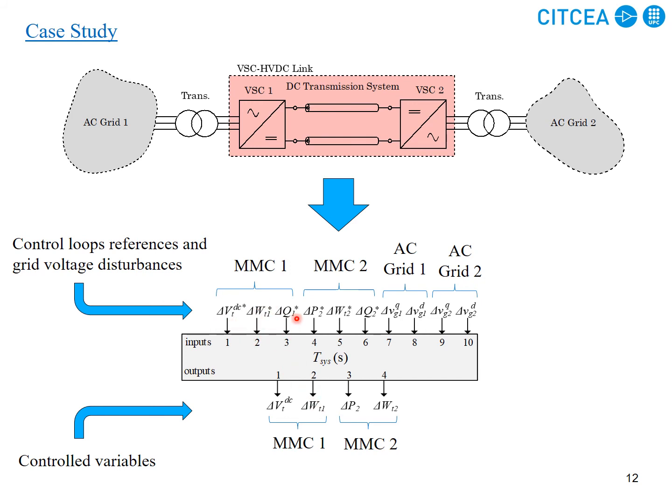Here again is the reactive power, this is the DC voltage, the total stored energy of this MMC. This is the reactive power, but in our model we didn't include any PI controller for reactive power; it is based on reference calculation. So the reactive power reference is only used to calculate the reactive component of the grid current. Then the active power of MMC 2 and the total energy again, and the reactive power, and these are the grids.